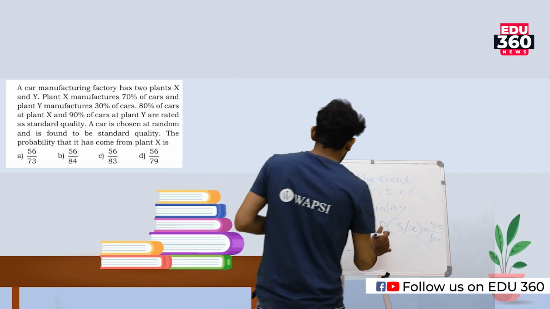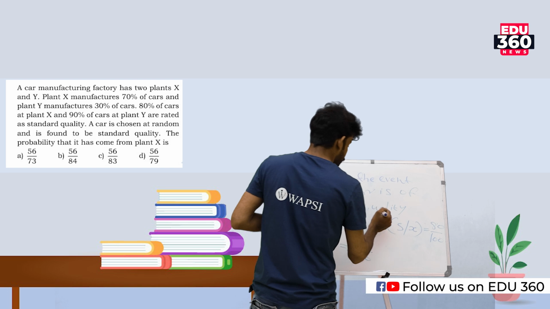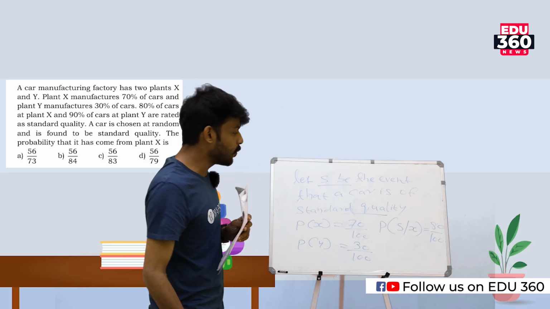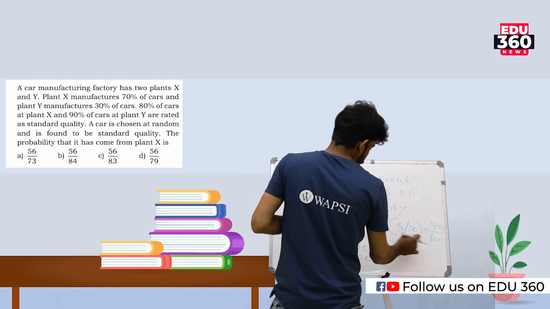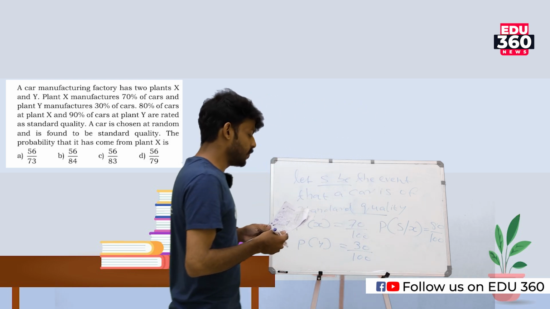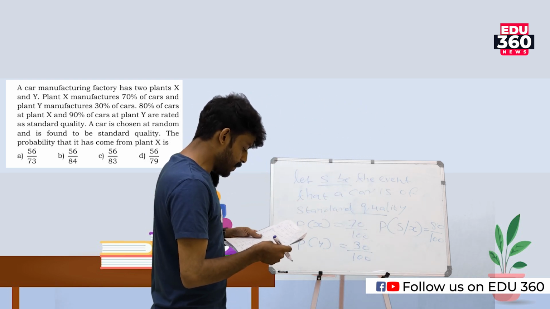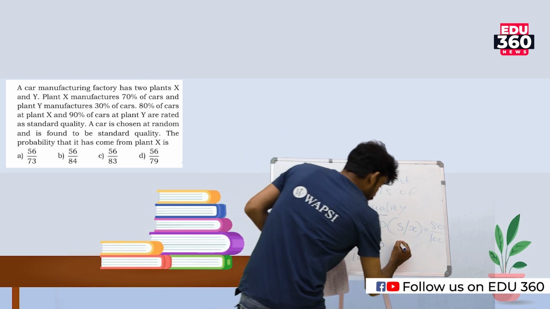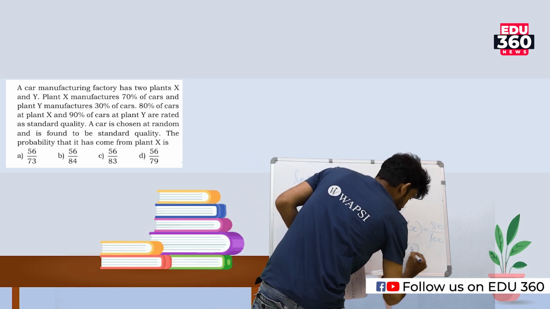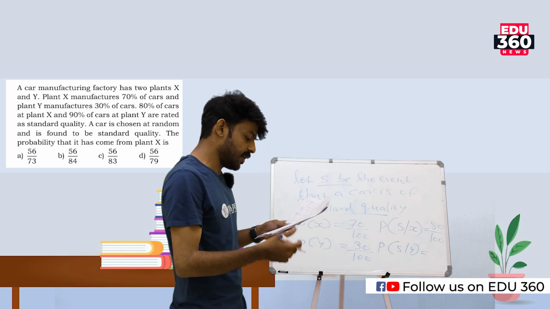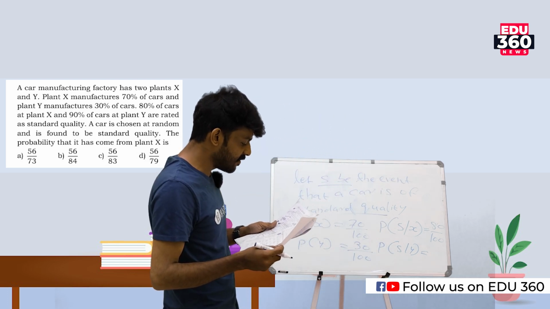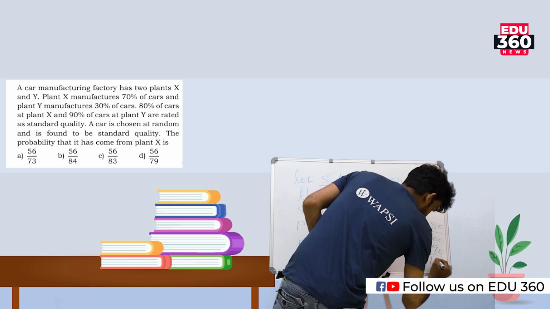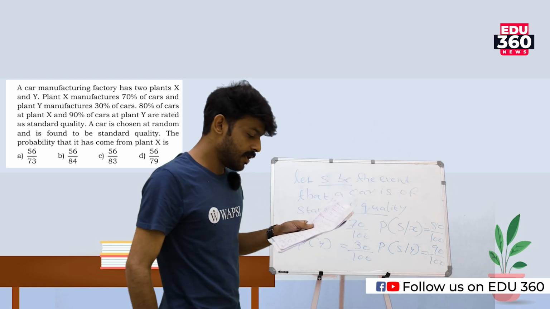That means P of S by X is equal to 80 by 100, and P of S by Y is equal to 90 by 100, since it's already given in the question.